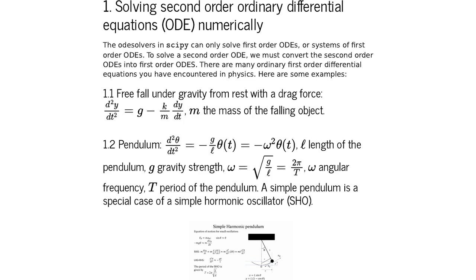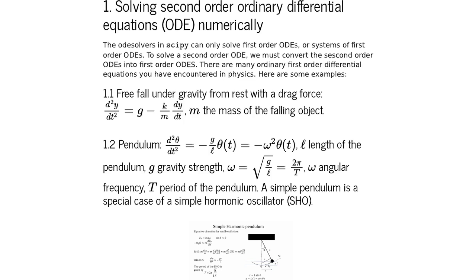Therefore, our main learning objective is to understand how to transform a single second-order ODE into an equivalent system of two first-order ODEs. This conversion is a crucial skill, as it unlocks the power of these solvers for a broader class of problems. We will begin by looking at familiar examples from physics that are modeled by second-order ODEs.